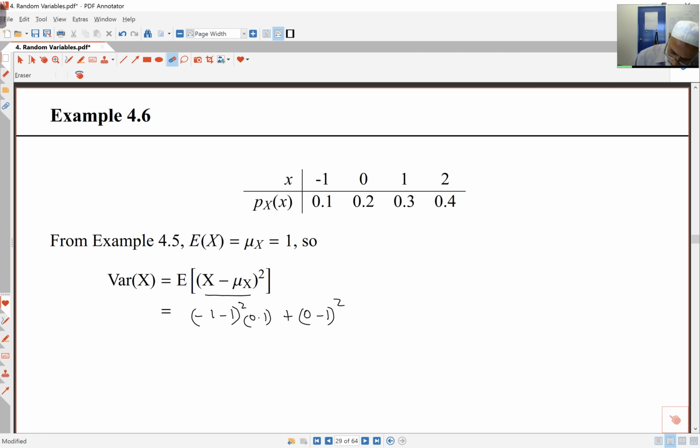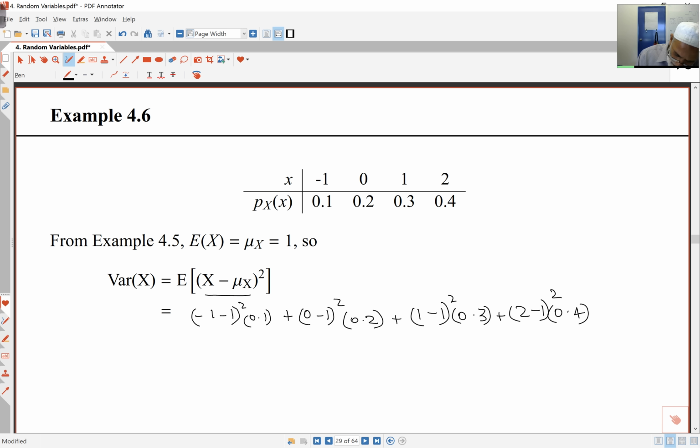It's 0 minus 1 squared, probability 0.2, then 1 minus 1 squared, and the probability here is 0.3, and finally 2 minus 1 squared, and the probability is 0.4.